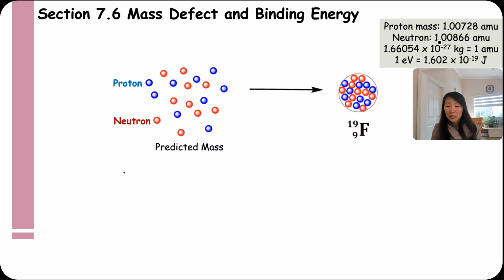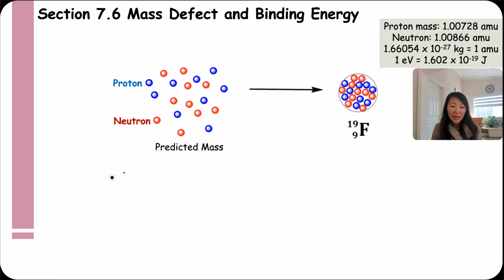One neutron is 1.00866 AMU. AMU is a unit of atomic mass unit. Just like kilograms, pounds, grams, they have their own units for mass, and so does this one. So AMU, atomic mass unit, is the unit for this particular subject.